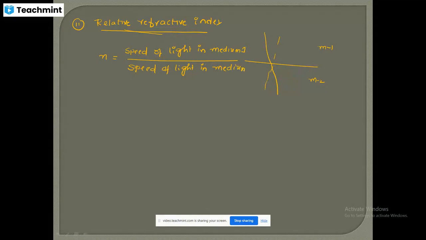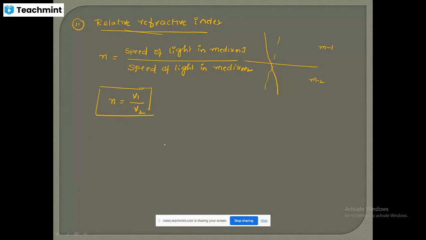Let us suppose v1 and v2, so n is equal to v1 by v2. This is the relative refractive index.